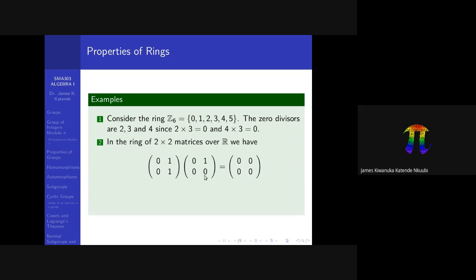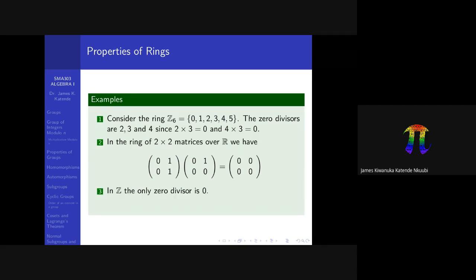This one is a right zero divisor. I have not checked if they can work on both the left and the right. You can check that yourself. But the important thing is that we found two non-zero matrices, which when multiplied will give us the zero matrix. So we found some left and right zero divisors in the ring of 2 by 2 real matrices, right?